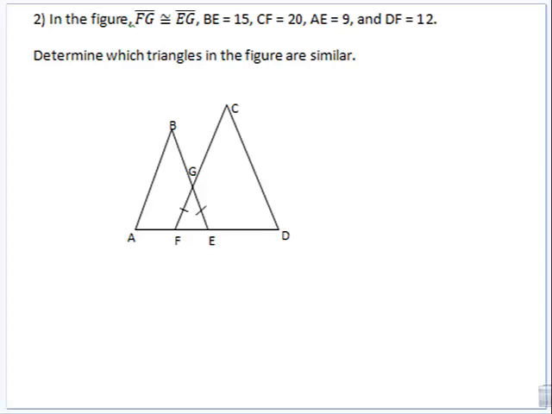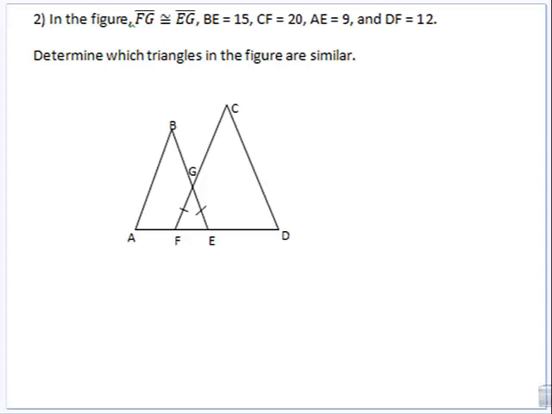Okay? So in this diagram, we have two overlapping triangles here. And we are told that FG and EG are congruent, which we have marked on the diagram. We are also told that BE is 15, CF is 20, AE is 9, and DF is 12.